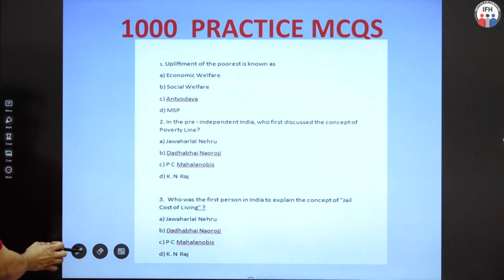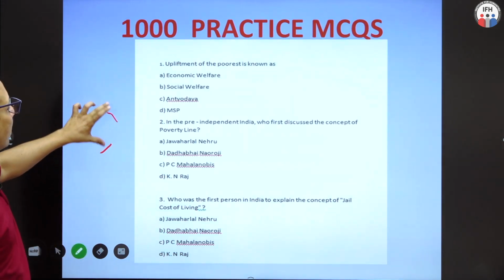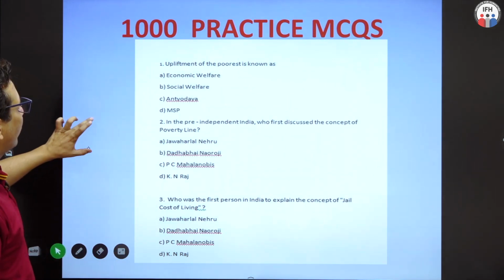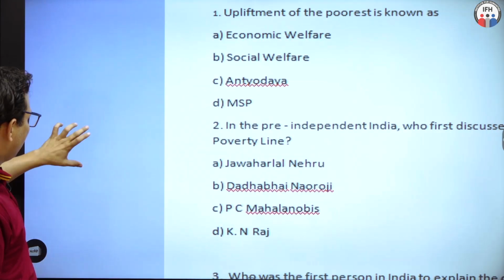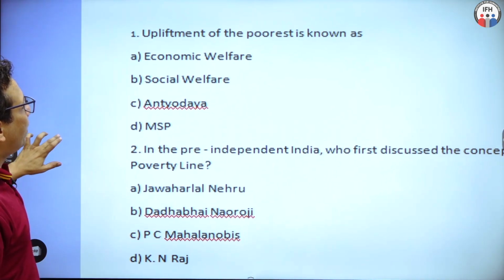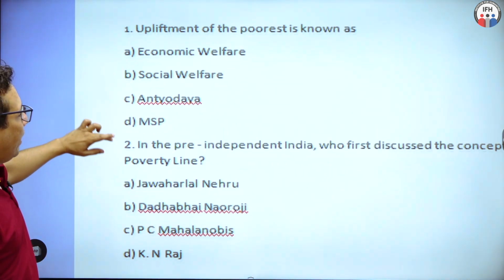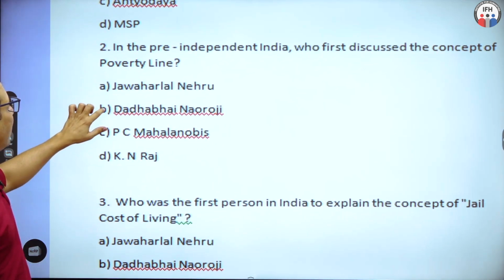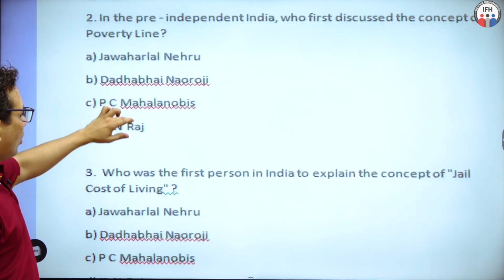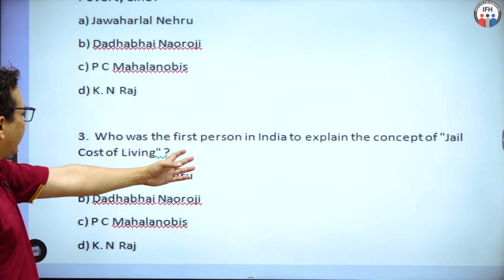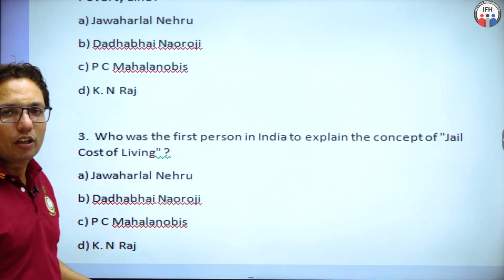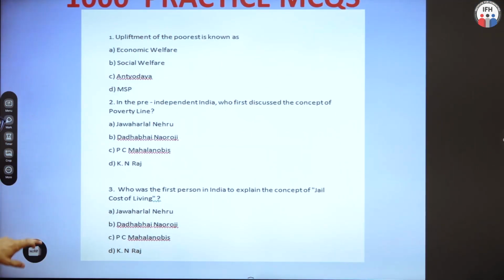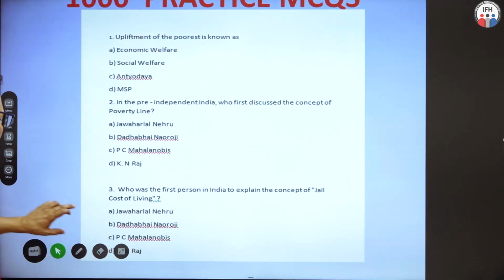Then there are questions like: upliftment of the poorest is known as what? In pre-independence India, who first discussed the concept of the poverty line? Dadabhai Naoroji. Who gave the concept of jail cost of living? Again, Dadabhai Naoroji. So these small things we need to focus on so that we are able to revise most efficiently.